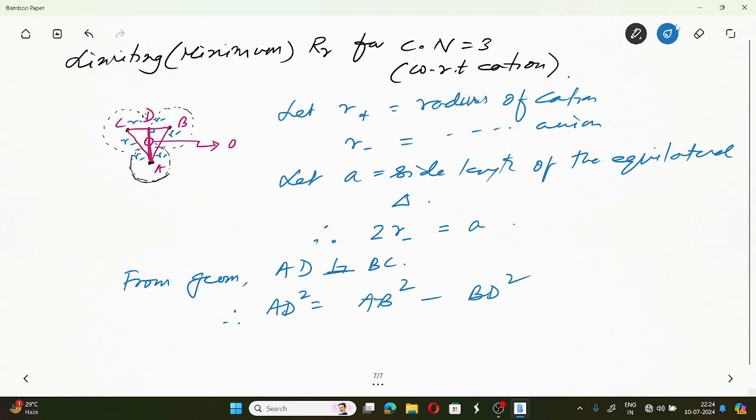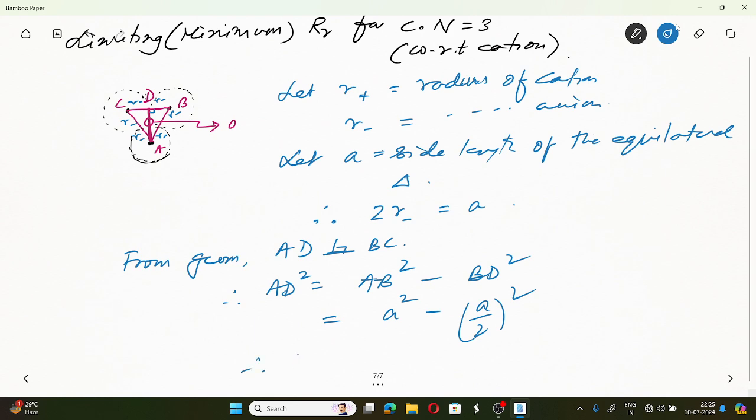AB square is a square, minus a by 2 whole square, since D is the midpoint as per geometry. So AD equals √3a/2.